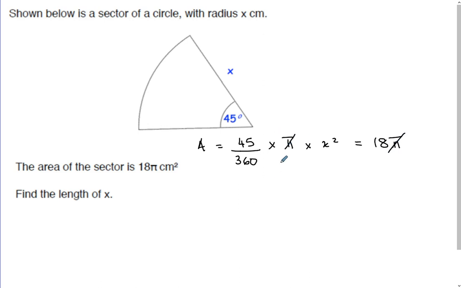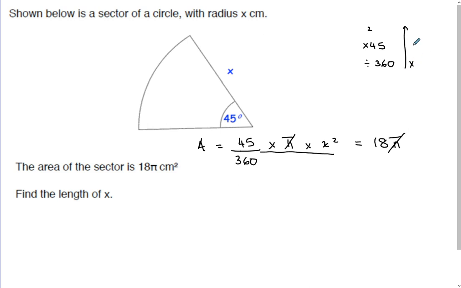Now what's been done to the x? It's been squared, multiplied by 45, and divided by 360. Whatever you do first, remember you're doing what's closest to it first, and that line means the whole thing will be divided by 360. So when we go that way, we do the opposite.